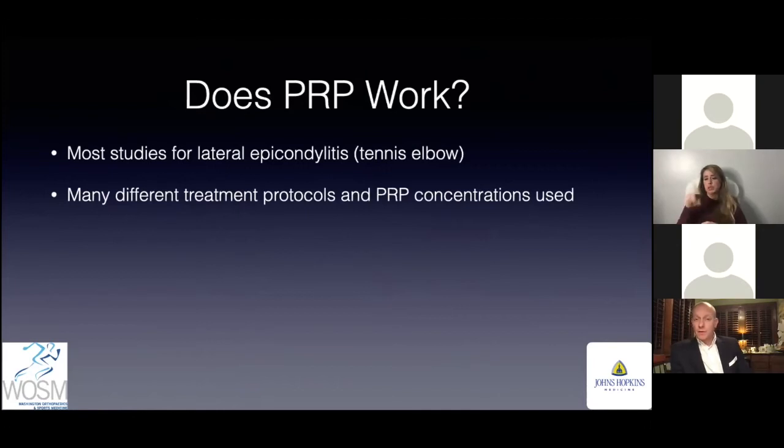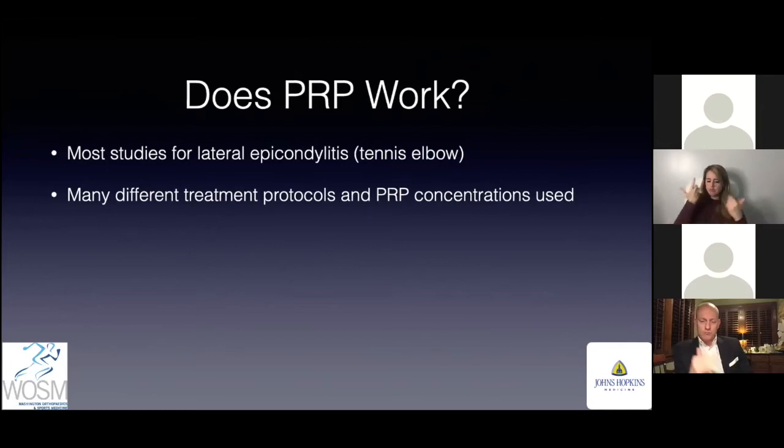And it's been found, even though this has been around for 15 or 20 years, that it's somewhat difficult to standardize the tests and the results with PRP. So there's lots of papers out there discussing PRP and its treatment in the elbow, but the results are very variable for a number of reasons, namely the stage of disease in which the patients present.